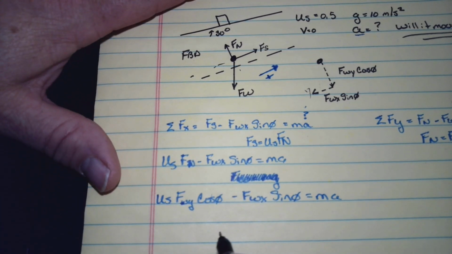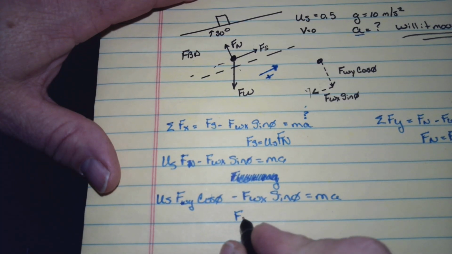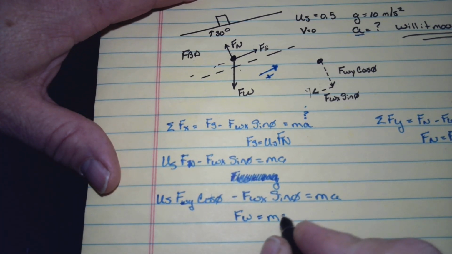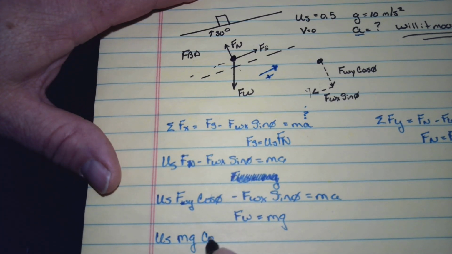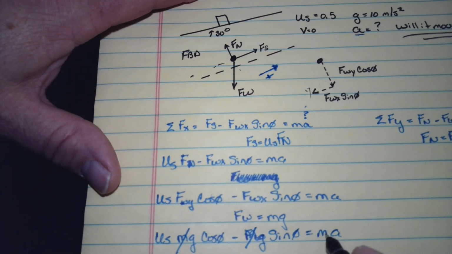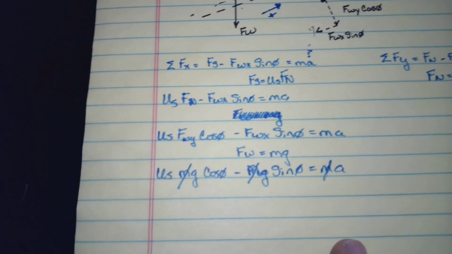And again, it looks like I can't solve everything, but we need to remember, and notice I indent things when I'm adding in a new equation, that really F of W is the mass times gravity. So if I put that in, all of a sudden I find out that mass doesn't matter in this problem.